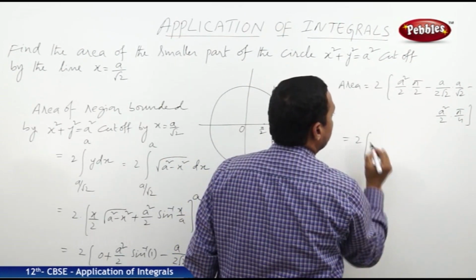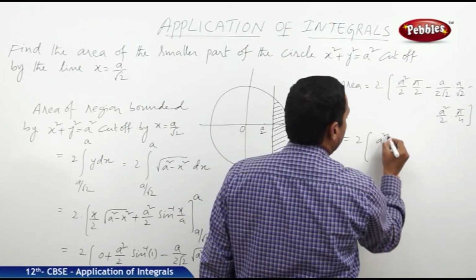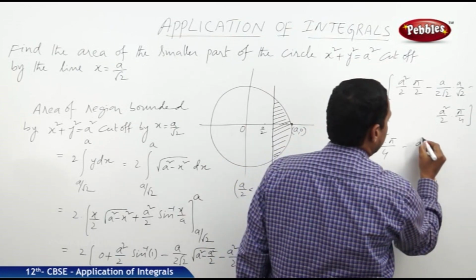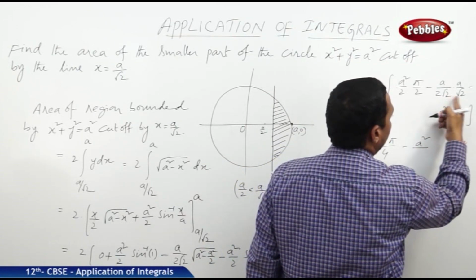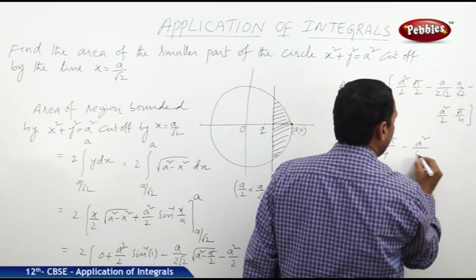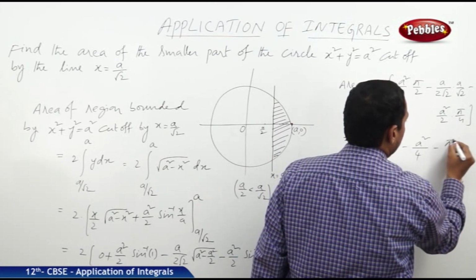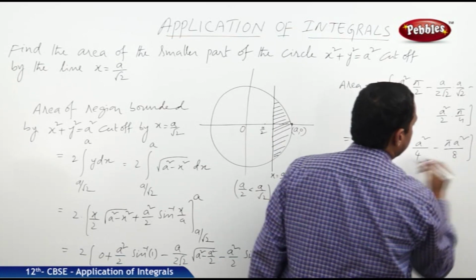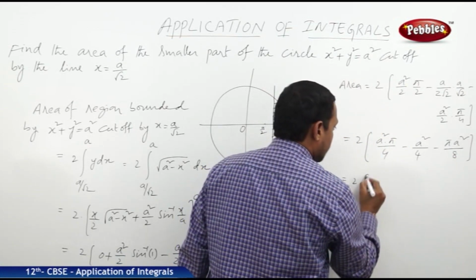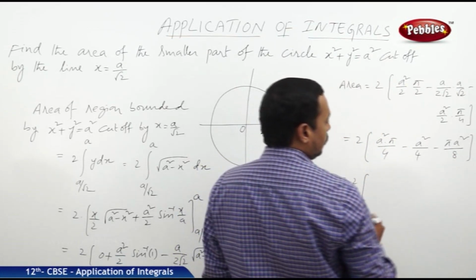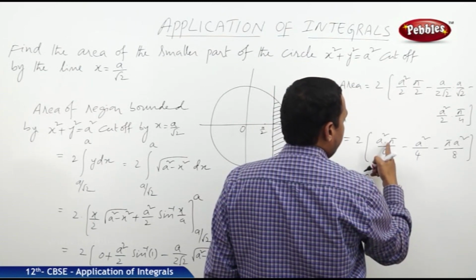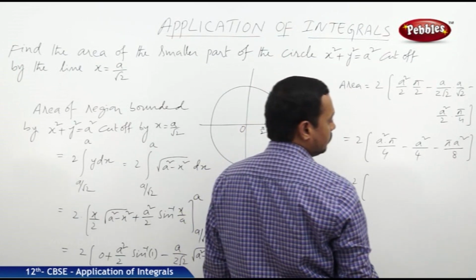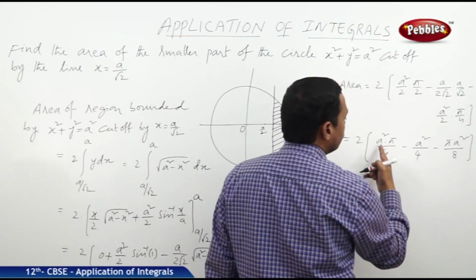Now this is 2 times of a square into pi by 4 minus a square by 2 into root 2 into root 2, 2 into 2 is 4, minus pi a square by a. It is 2 times of pi a square by 4 minus pi a square by 8. What is that value?